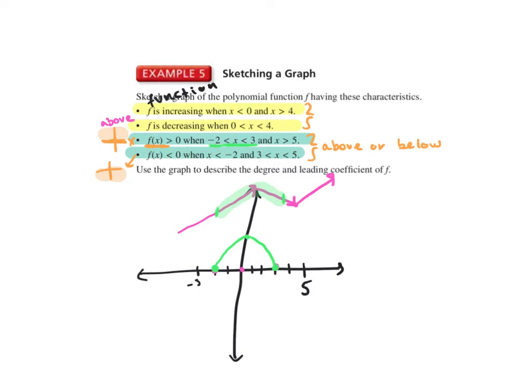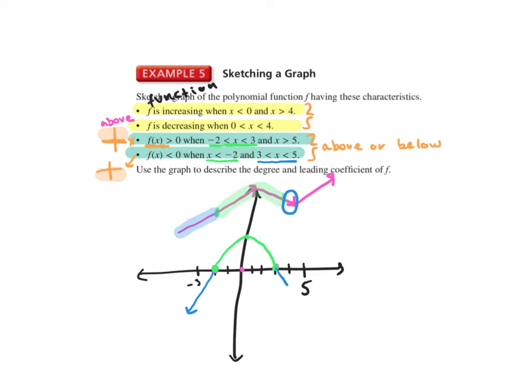Next, we're below the x-axis when x is less than 2. So this part of our graph here, we're increasing, but we're below the x-axis, so I'm going to put that down here. And then from 3 to 5, we are below the x-axis. So from 3 to 4, I know I'm decreasing because this little part, I'm still going downhill.